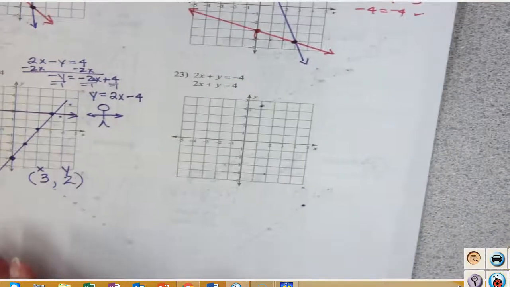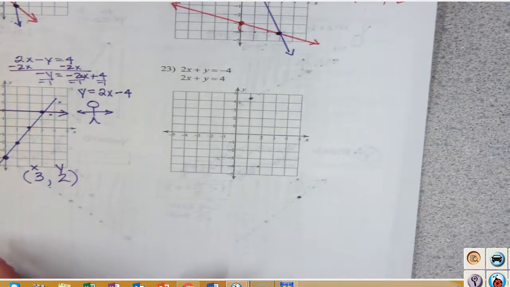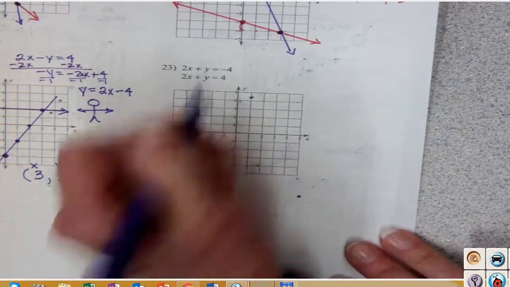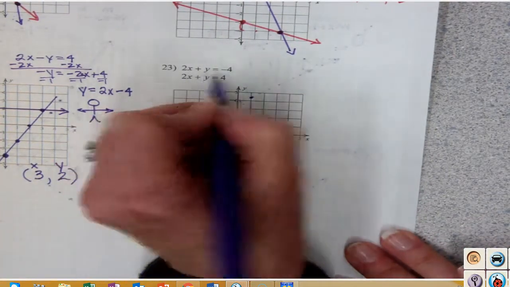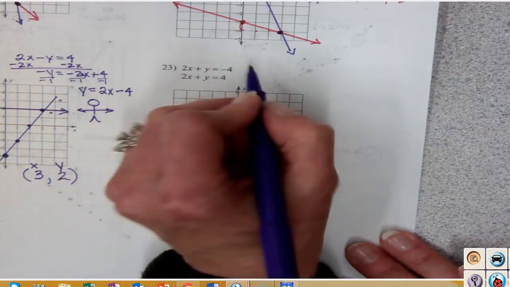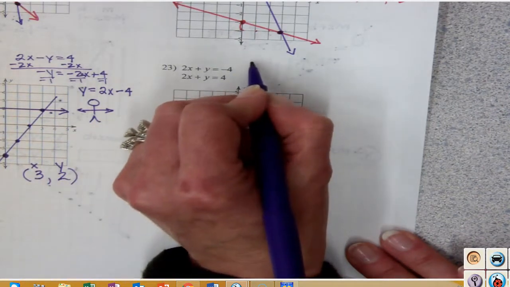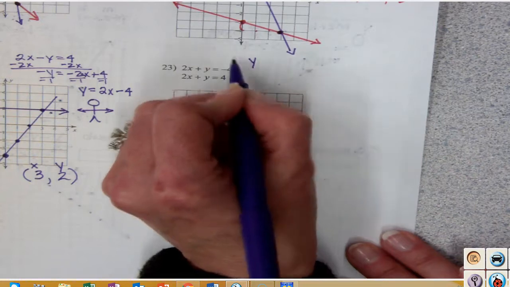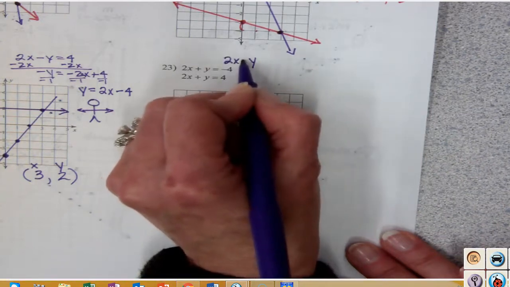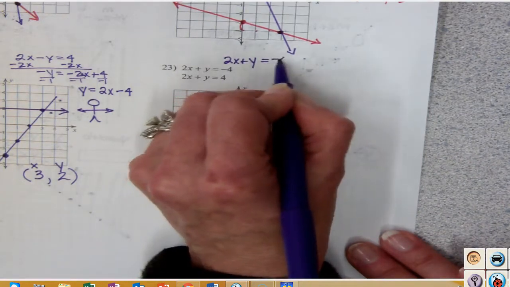Now we've got two lines, both in standard form, so we need to transfer them into slope-intercept form. So I've got 2x plus y equals negative 4.